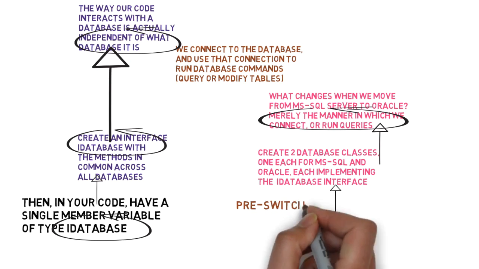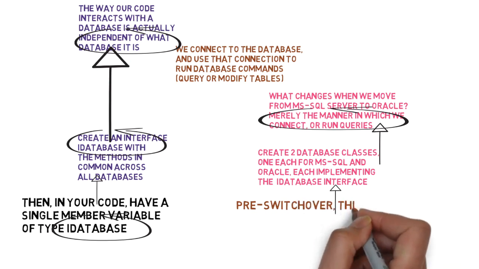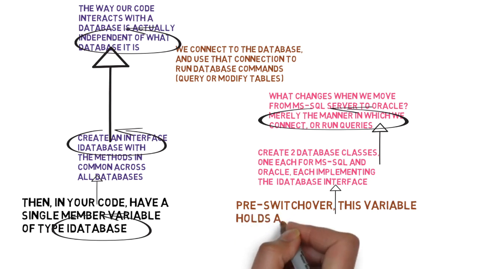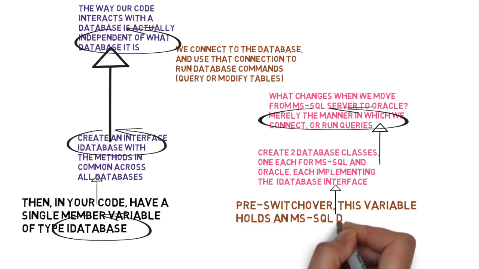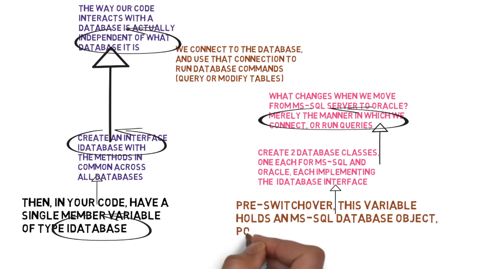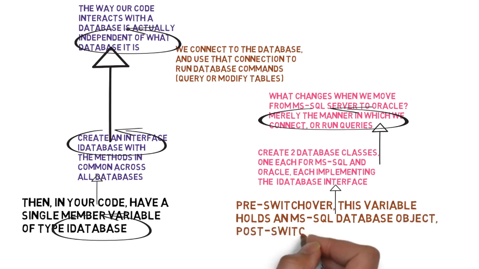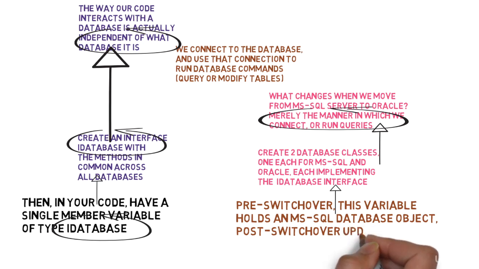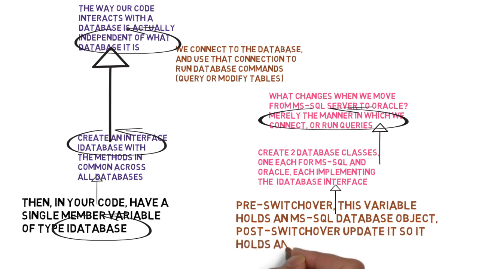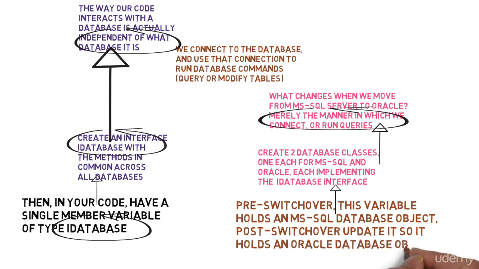Now, in all our original code pre-switchover, this iDatabase member variable will hold an instance of an MS SQL database object. That MS SQL database object, which is an implementation and wraps all the implementation details of working with an MS SQL database, will be held in this iDatabase member variable.